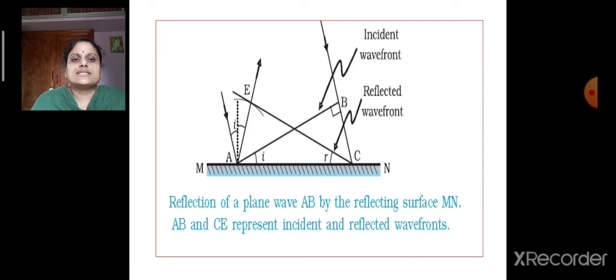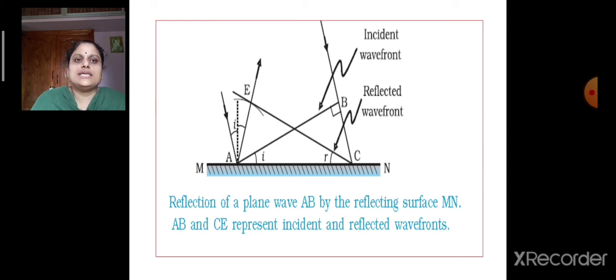Now let us discuss the reflection of a plane wave AB by the reflecting surface MN. Here AB represents the incident wavefront, which is incident obliquely on the surface MN, and AB and CE represent the incident and reflected wavefronts.